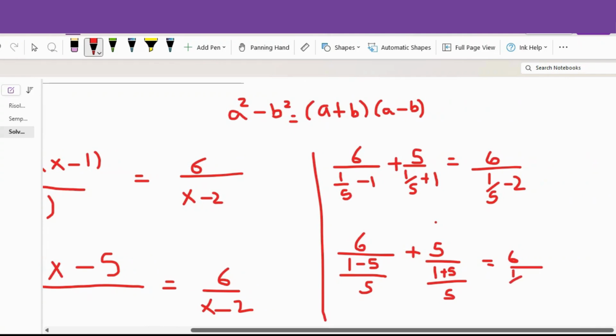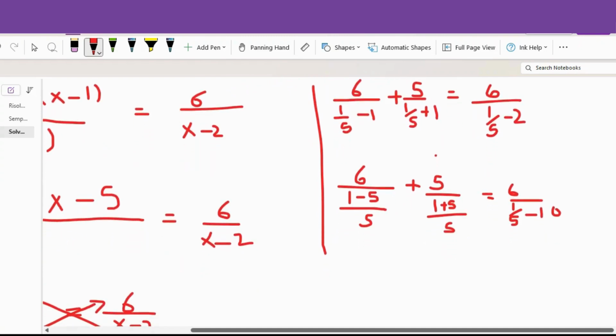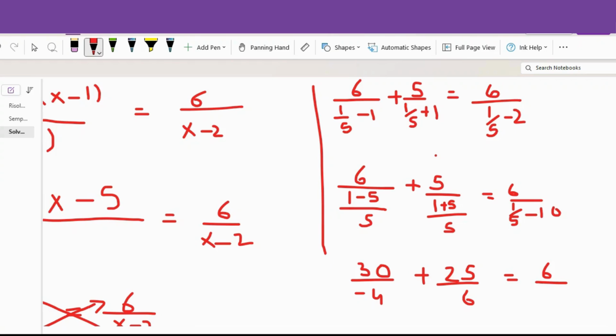And it will be equal to 6 out of 1 out of 5 minus 10. So 5 would come up actually, so it's going to become 30 out of minus 4 plus 25 out of 6 is equal to 6 out of, so 6 times 5 is 30 again.